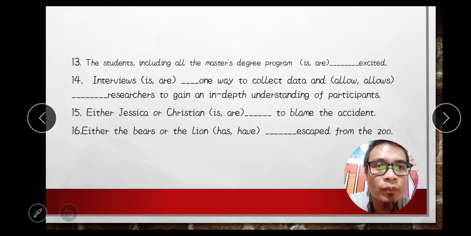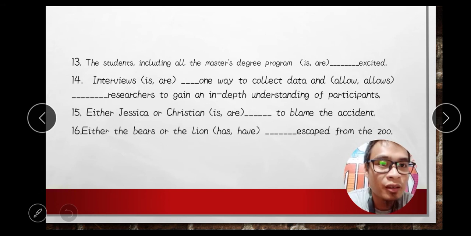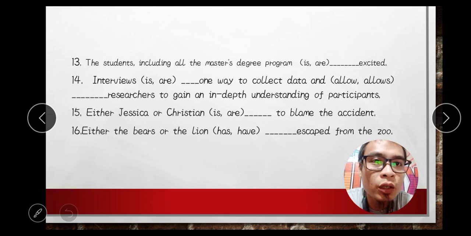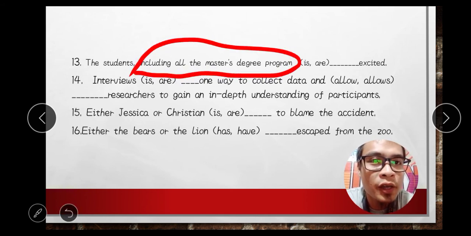Number 13. This is the same example like that of number 12. The students, including all the master's degree program, are excited. So in this sentence, it has again an intervening phrase, including all.